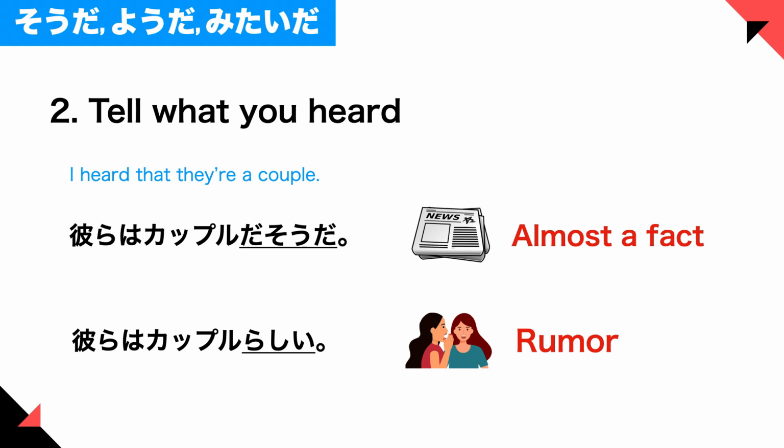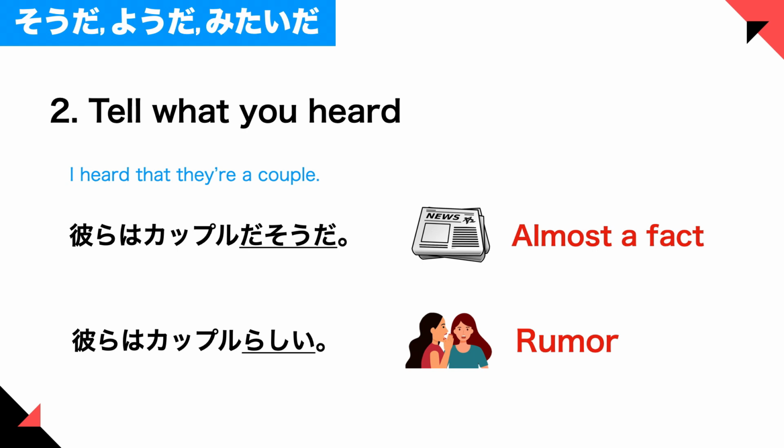Well, if you say カップルだそうだ, that means you are telling them what you heard from a source that is pretty reliable. Right? So maybe news or TV or something that you can trust. So if you use そうだ, that should be almost a fact. You should have confidence in what you say.